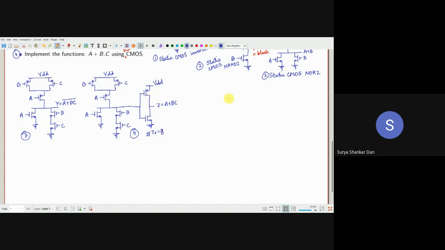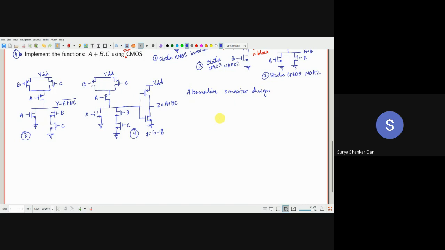Okay, so an alternative, smarter design. Remember that in practice, in industry, you should always try to make smarter designs in which you will be requiring a lesser number of transistors. So that way you are going to save space and power and many other advantages.